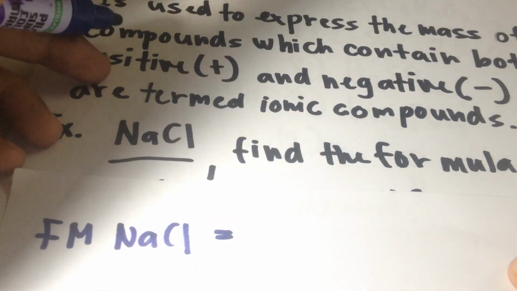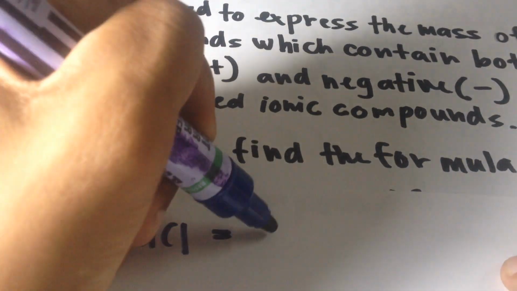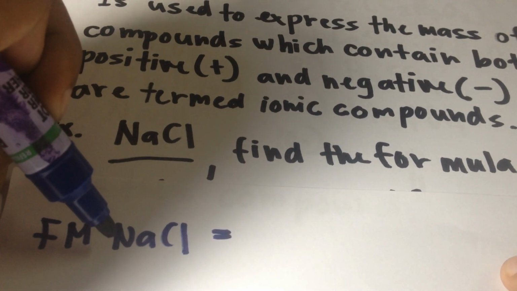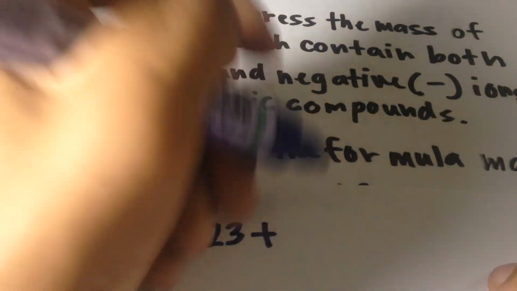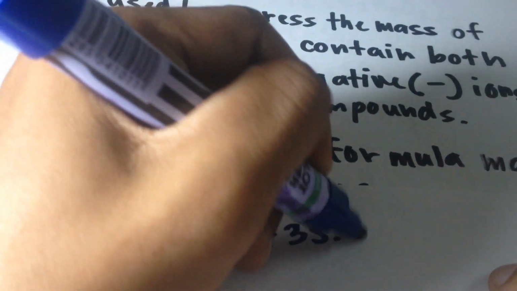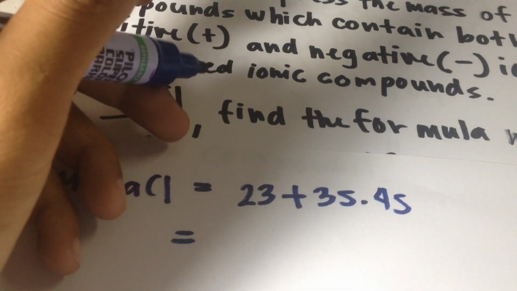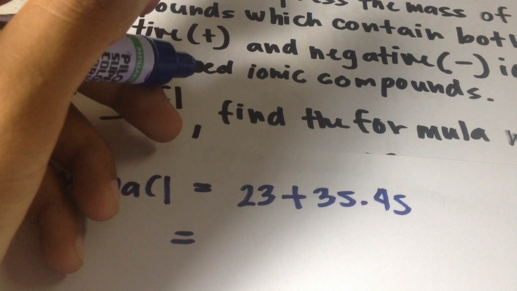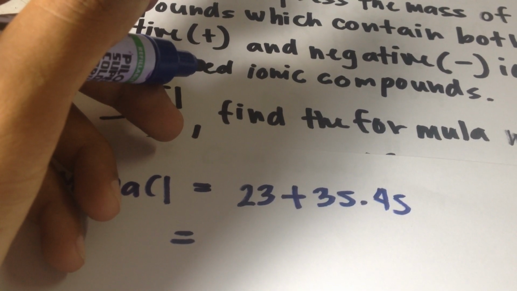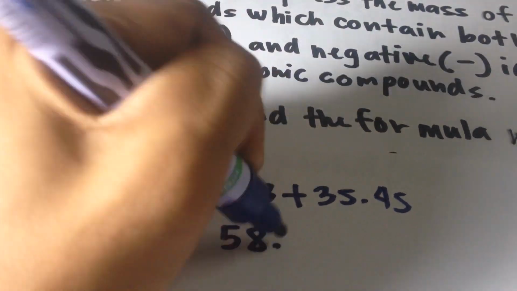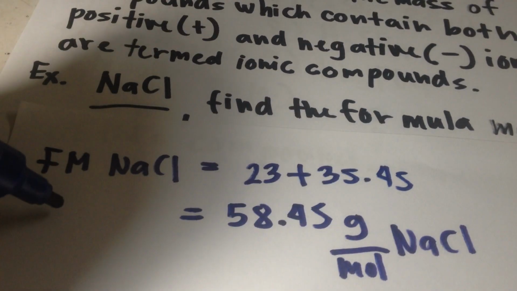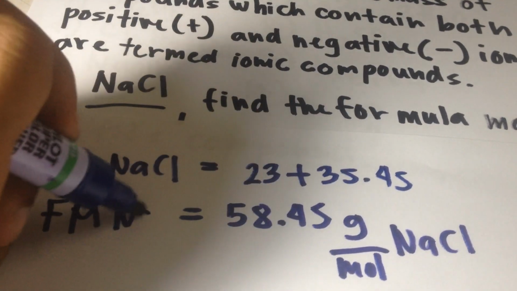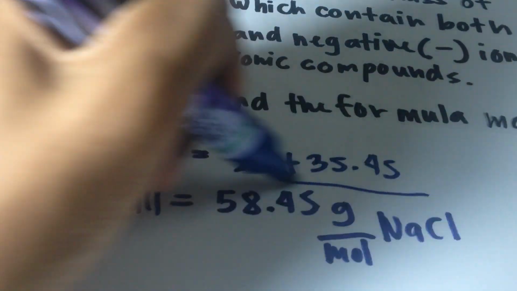Sodium is 23 and has a subscript of 1, so it's 23, plus chlorine, which is 35.45. 23 plus 35.45 equals 58.45 grams per mole of sodium chloride. So this is the formula mass of sodium chloride. So that is your final answer.